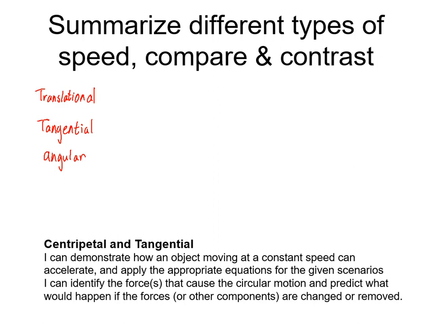So for translational, that is when we're going from point A to point B. The point is you are actually moving from one location to another. Typically that was straight line motion, although technically, even though we often called it linear, it could be going around in a curve. And then tangential is when we're talking about from point A to point A, is what I was referring to it as.